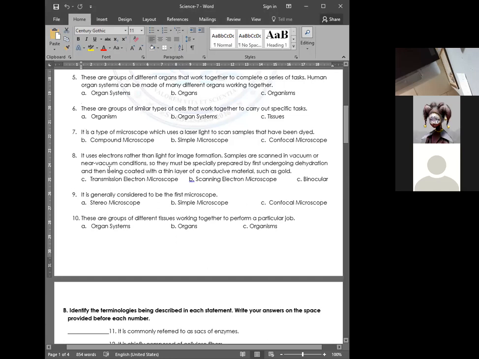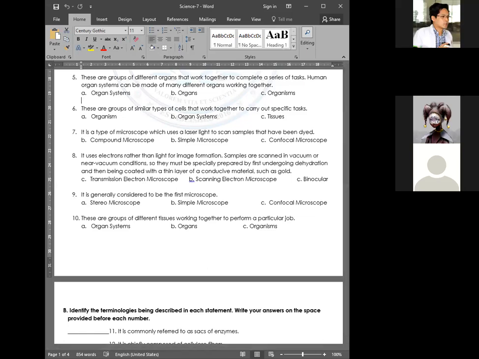It scans samples. You already answered this one. This is confocal. It uses electrons rather than light for image formation. Samples are scanned in a vacuum, meaning there's no medium, or near vacuum conditions. So they may be specifically prepared by first undergoing dehydration and being coated with a thin layer of conductive material such as gold.